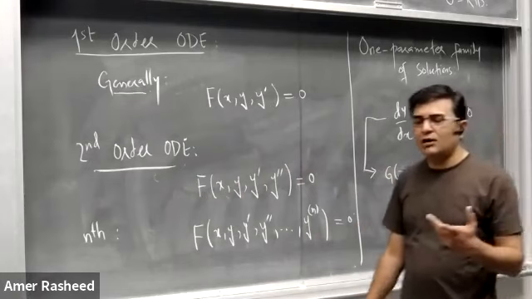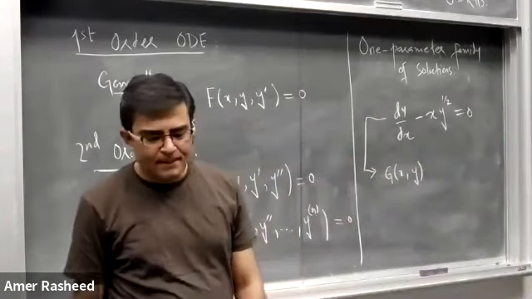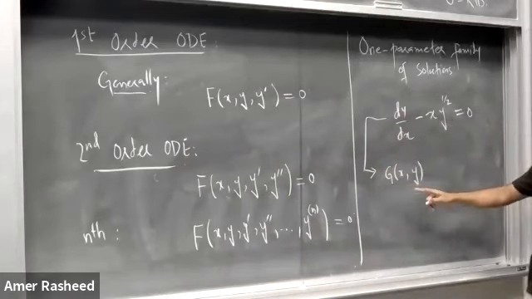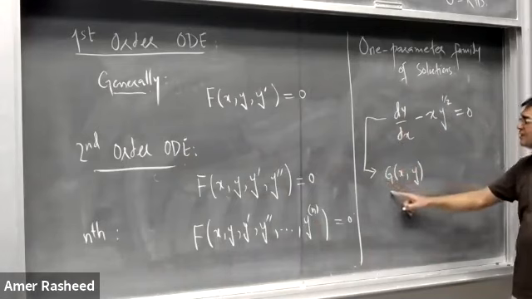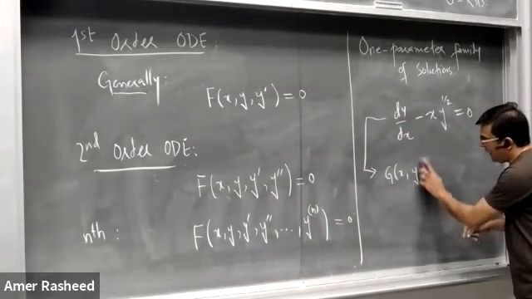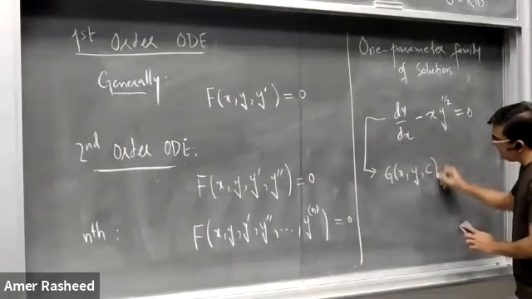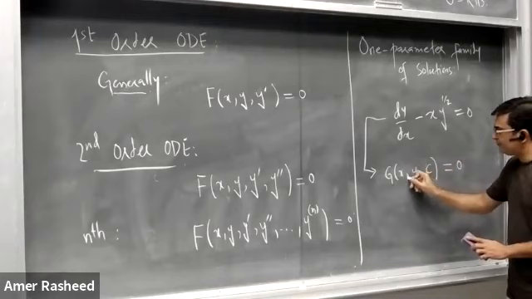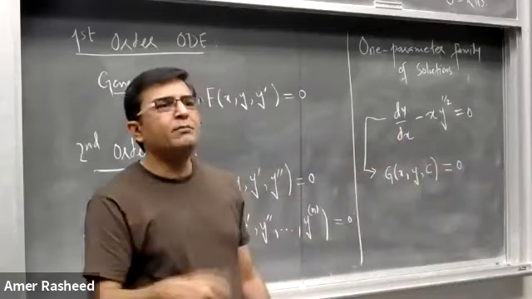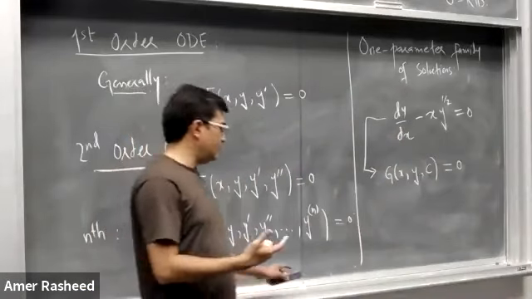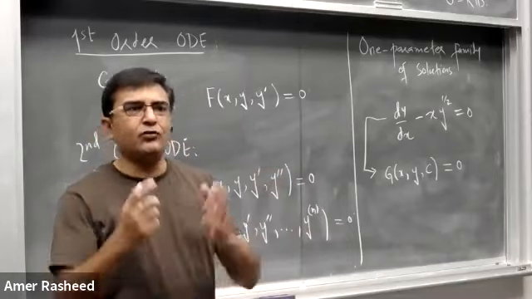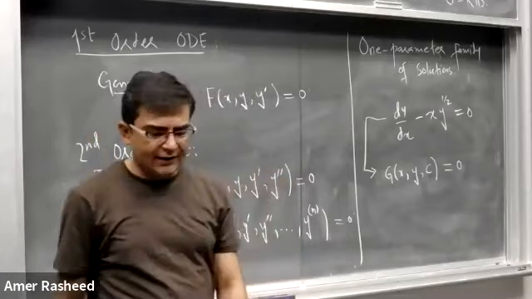And that constant is called the constant of integration. यही है ना? तो हमारे पास क्या आएगा? After integrating this, we do not get only the function of x and y. We get a function of x and y and a constant c in that function. After integrating that equation one time, we must get a constant c in that expression, which we obtain in terms of x and y.